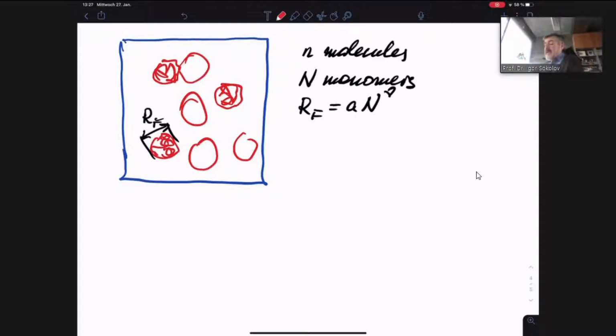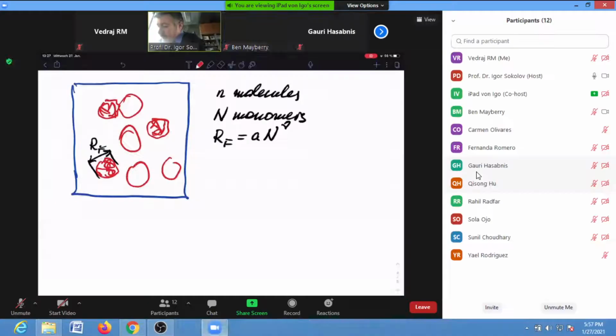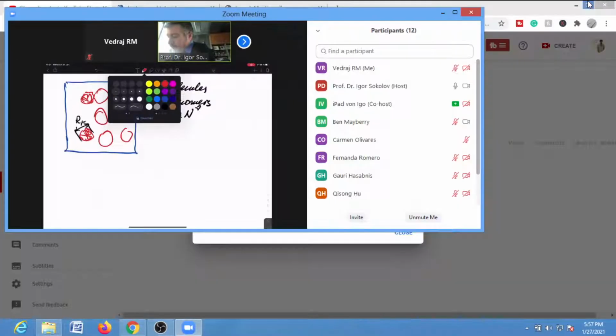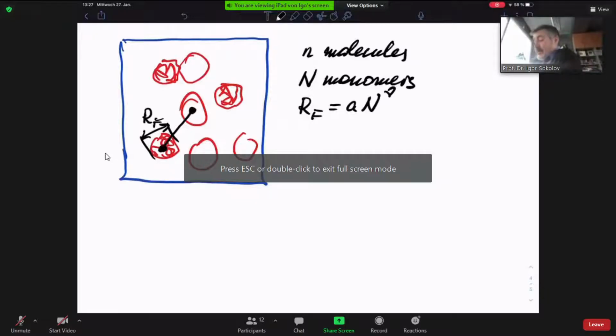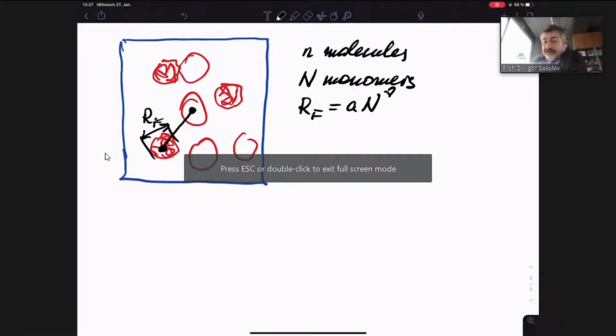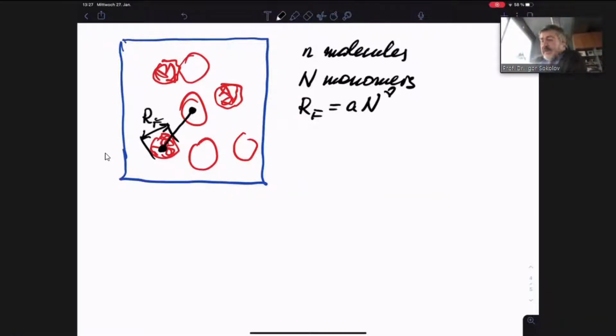So this is a regime when the typical distance between the two molecules is much larger than the Flory radius, then this is a regime of a dilute solution. The molecules do not overlap.